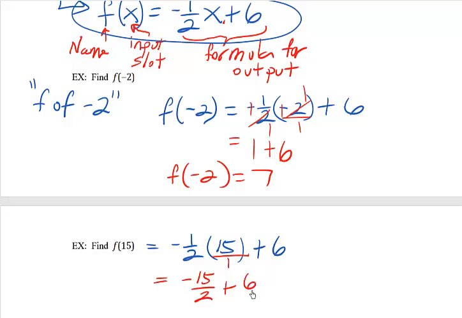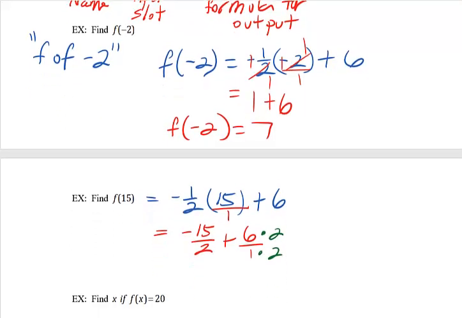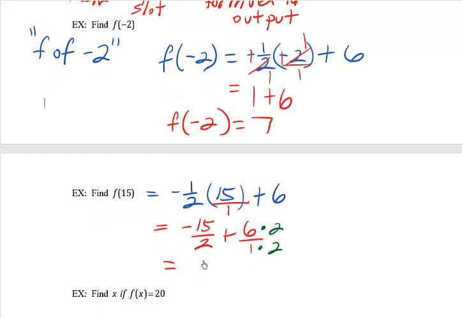I'm going to have to find a common denominator so that I can add these pieces together. I'll think of 6 as 6 over 1. My common denominator would be a 2. So I'll have to multiply the top and bottom by 2 so that I can get that common denominator. And that gives me -15 halves plus 12 halves.